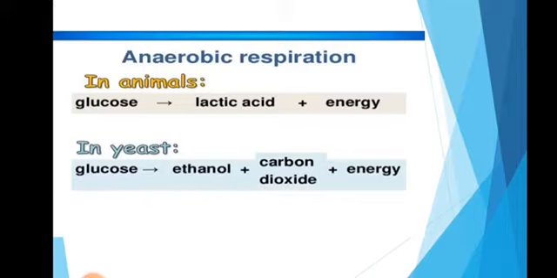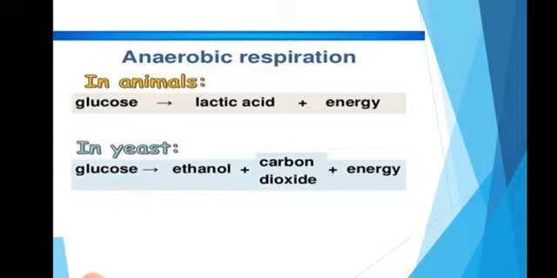Now one thing that we need to understand is anaerobic respiration only occurs in body when there is no oxygen available. The energy produced over here is much less as compared to aerobic respiration. So the body would always prefer aerobic respiration over anaerobic respiration.